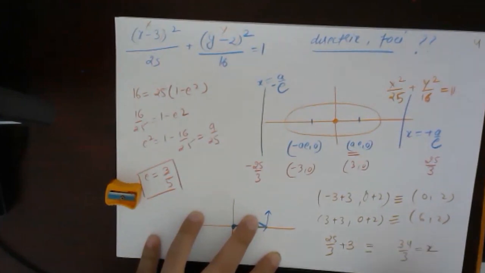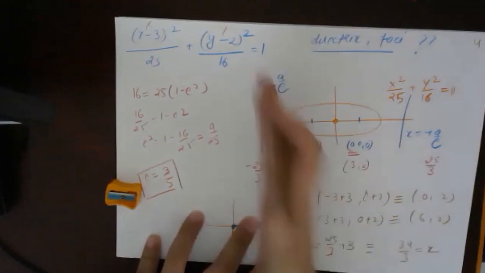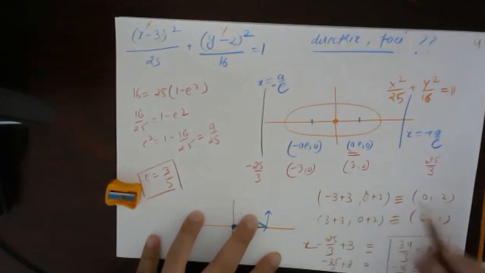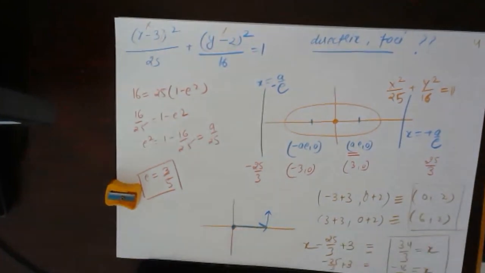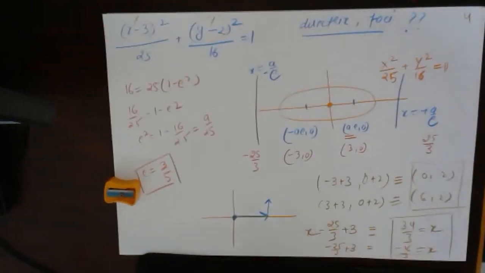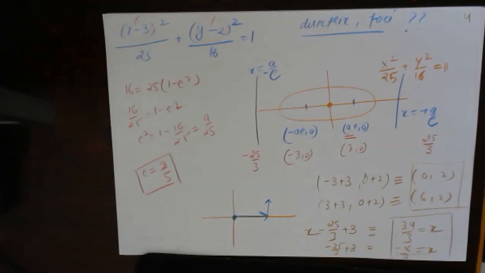And this was minus 25 by 3, so minus 25 by 3 plus 3 is minus 16 by 3, equals x. These will be the new directrix and the new foci. Just check this, everyone. If you have done this, we move on to the next one.